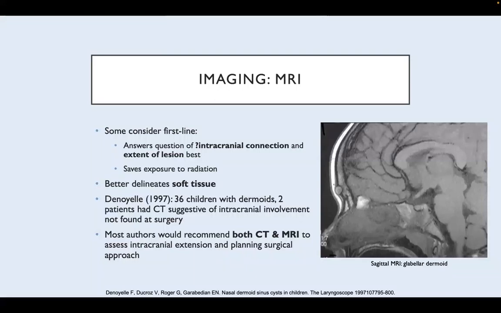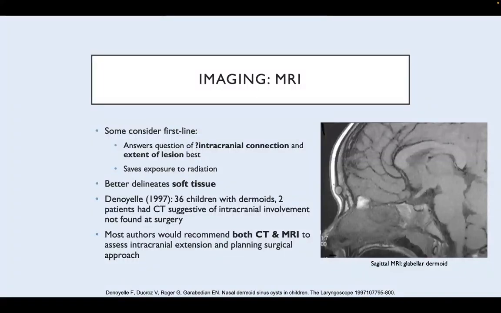And there's an author who in the late 1990s, I know that's quite a long time ago, but he had a report of about 36 children with dermoids, of which 2 of those patients had a CT suggestive of intracranial involvement, and when they were taken into surgery, this was not actually found. And this gives a bit more evidence for doing an MRI if you're planning surgical intervention.